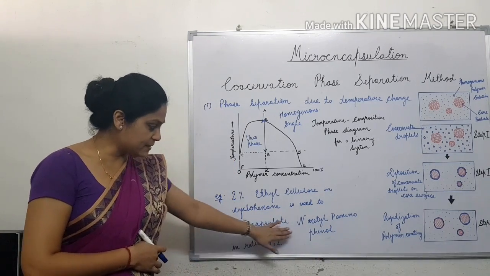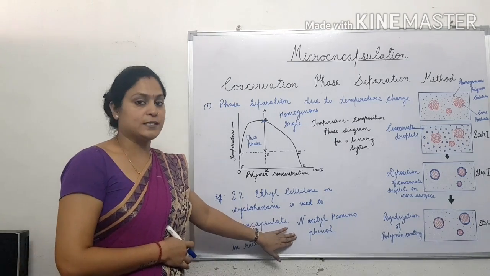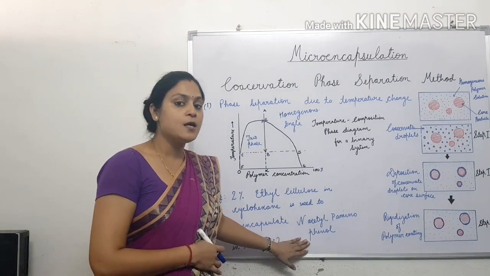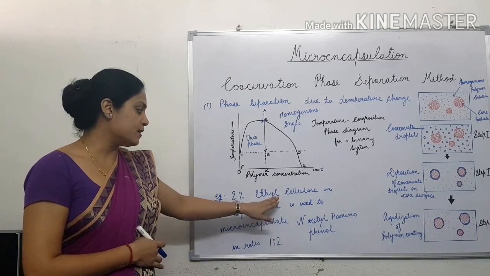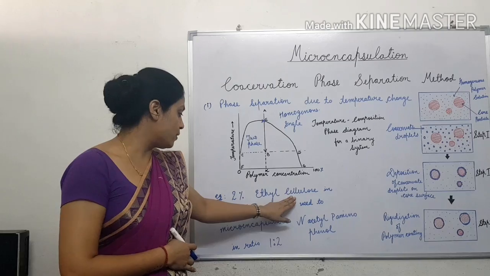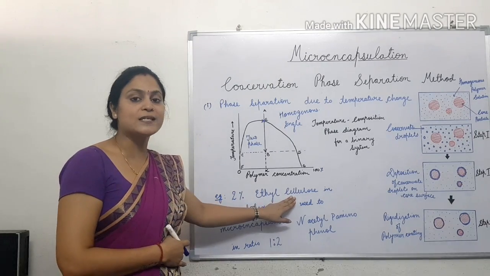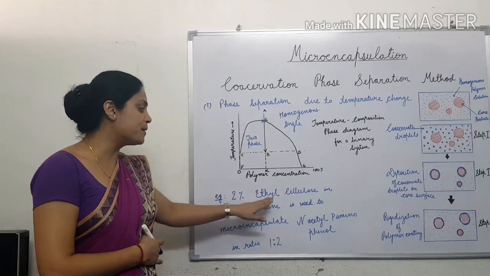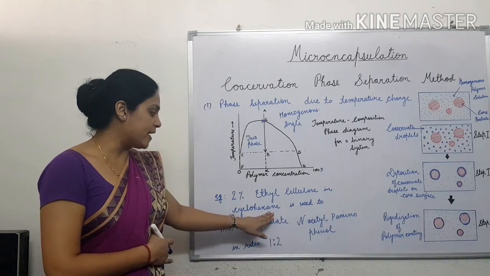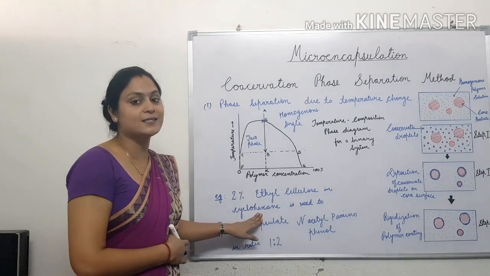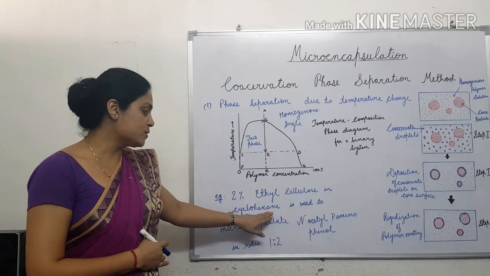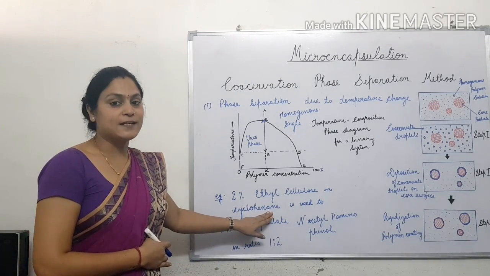In this process, the coating material used is ethyl cellulose. Under standard conditions, the concentration of the coating solution should be 2%. 2% ethyl cellulose is prepared in cyclohexane, which is used as the liquid manufacturing solvent. This solution is used as the coating material solution.